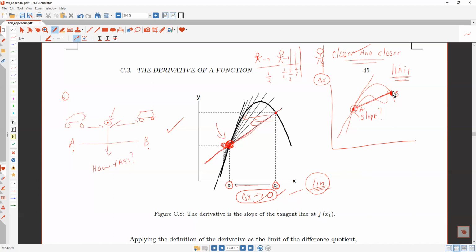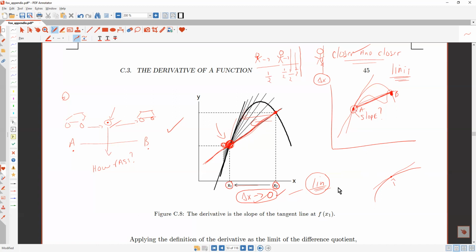This is the rate of change between these 2 points. We have another rate of change between these 2 points, but right here, that slope at that one particular point right here is the rate of change at that particular point. So sometimes you'll hear the derivative talked about in that capacity as the instantaneous rate of change.